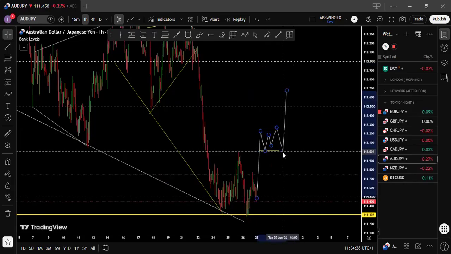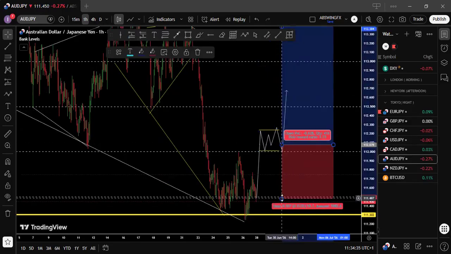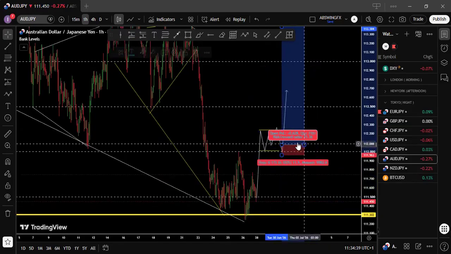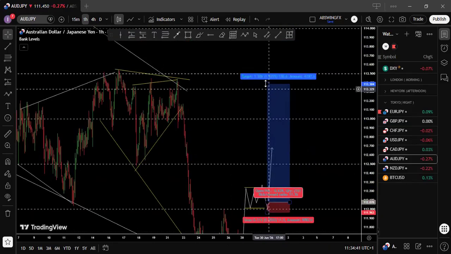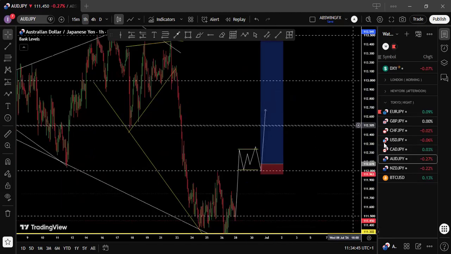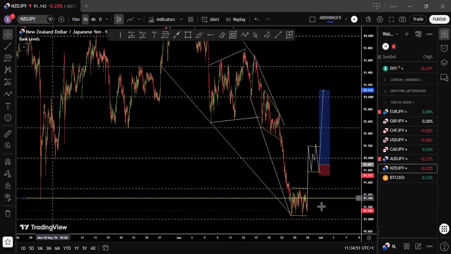Then we have this targeting the midsection at least. So this is part of my pairs for the week. So same thing here.